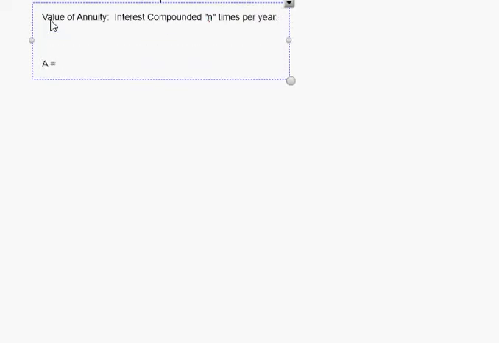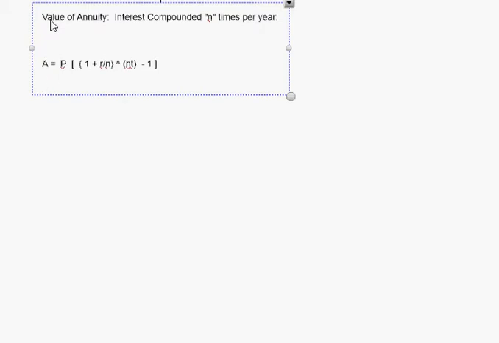A equals P [(1 plus R divided by N) raised to the NT, subtract 1] over R divided by N.